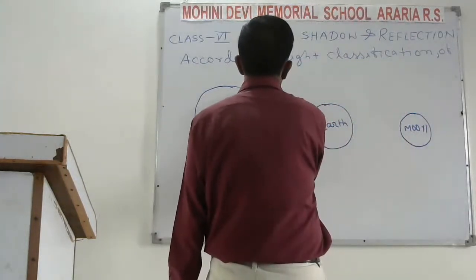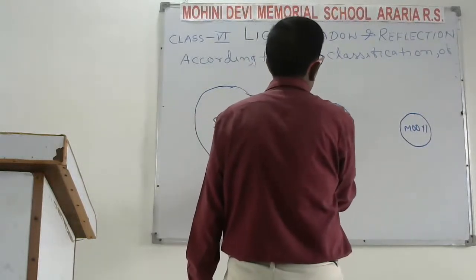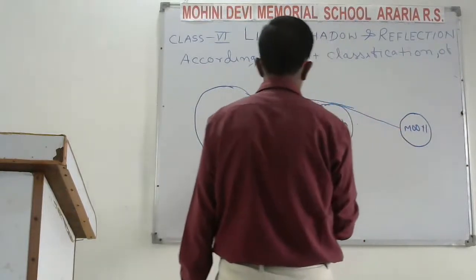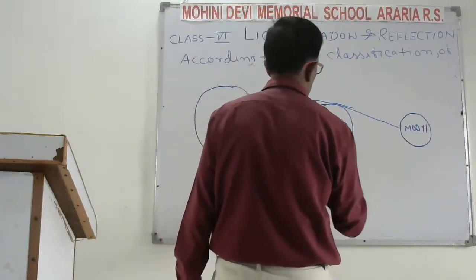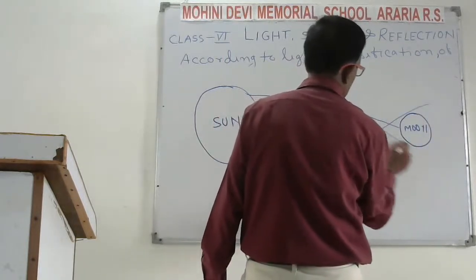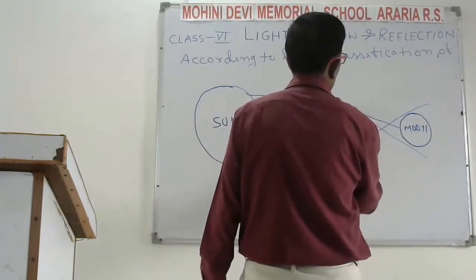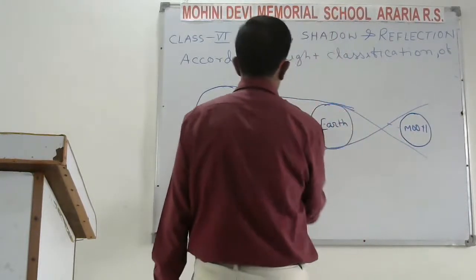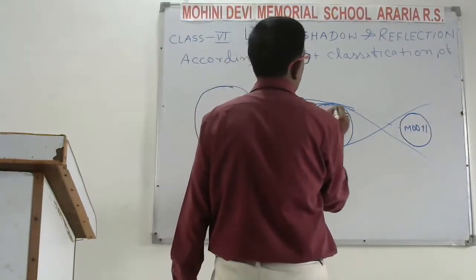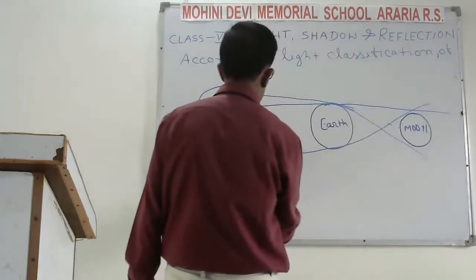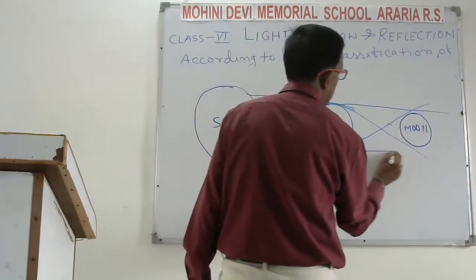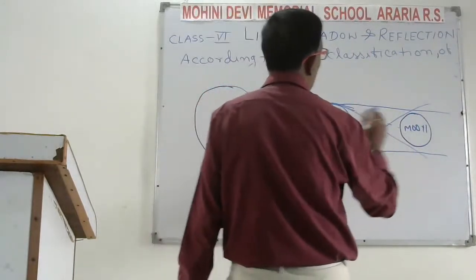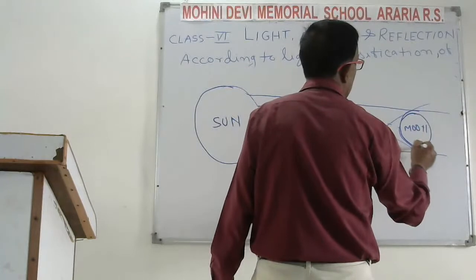The light coming from the sun propagates in this way, and a light is also passing through this position. What happens? No light is falling on the moon.